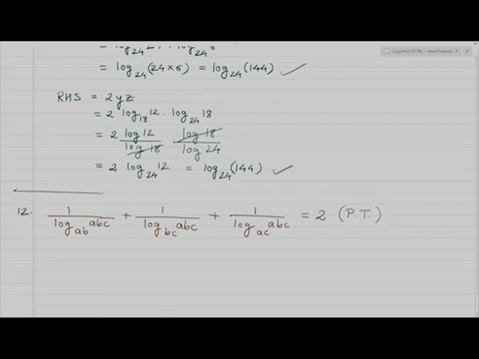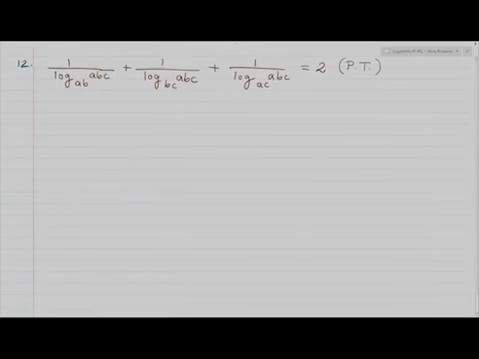Okay. How will I prove? So, what should be your initial guess? When you look at this problem, you will see the argument ABC is same for all the logs, but the bases are varying. Do I have any trick which will say the bases are same and the arguments will vary? Do I have any such thing?